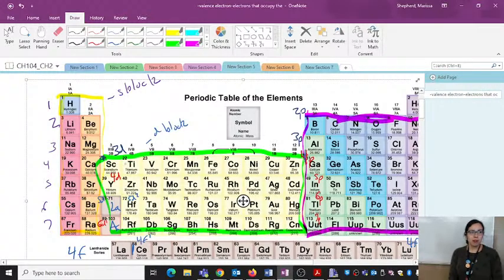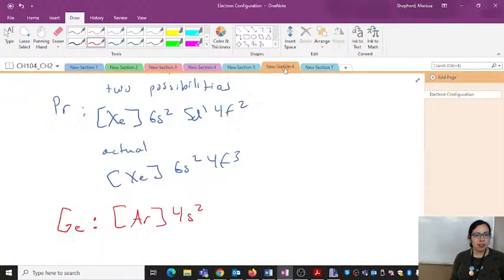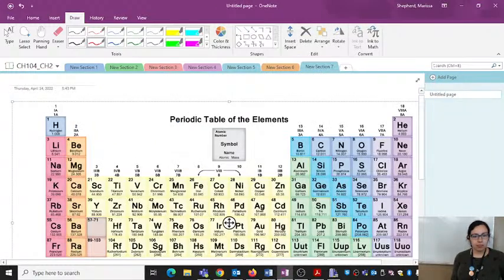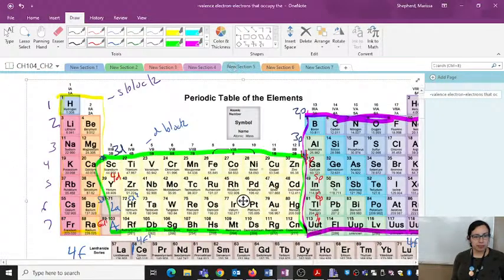Except is it 4d? Yeah. So remember, mark it with a big 3d here so you know where to start. So then 3d10, and then this goes back to 4p, so 4p2.